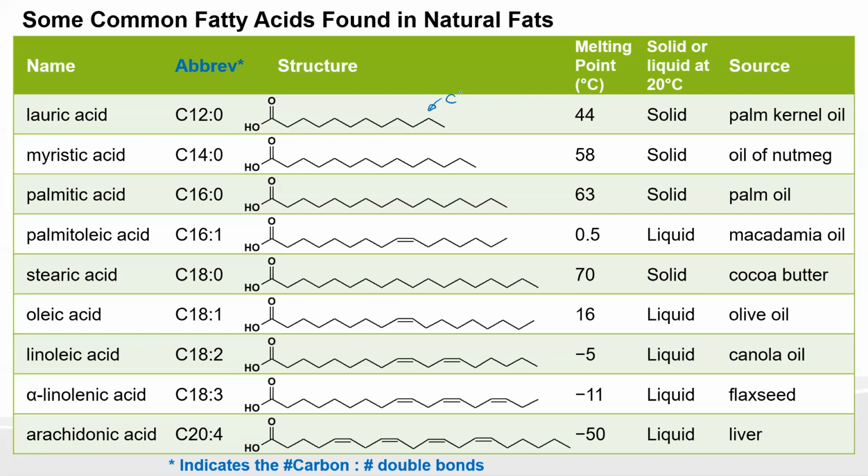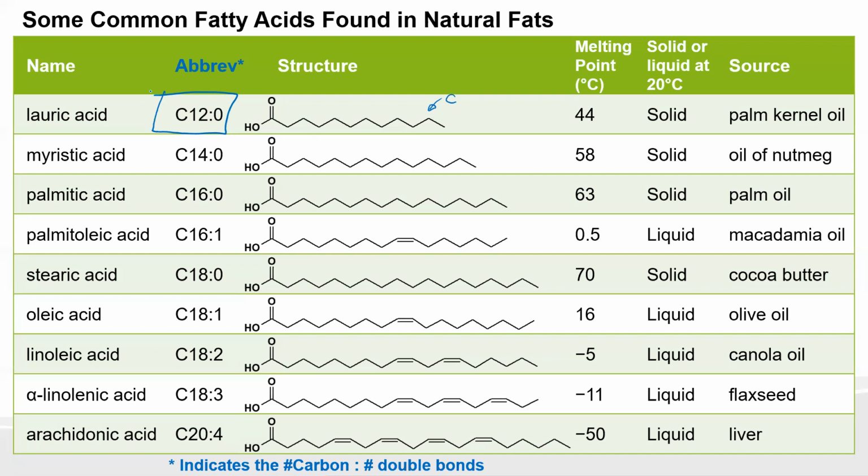First of all, you may notice the second column says abbreviation. For example, this first one, lauric acid, says C12:0. So that means it has 12 carbons in it. And as we go down the column, you can see we're getting more and more carbons.